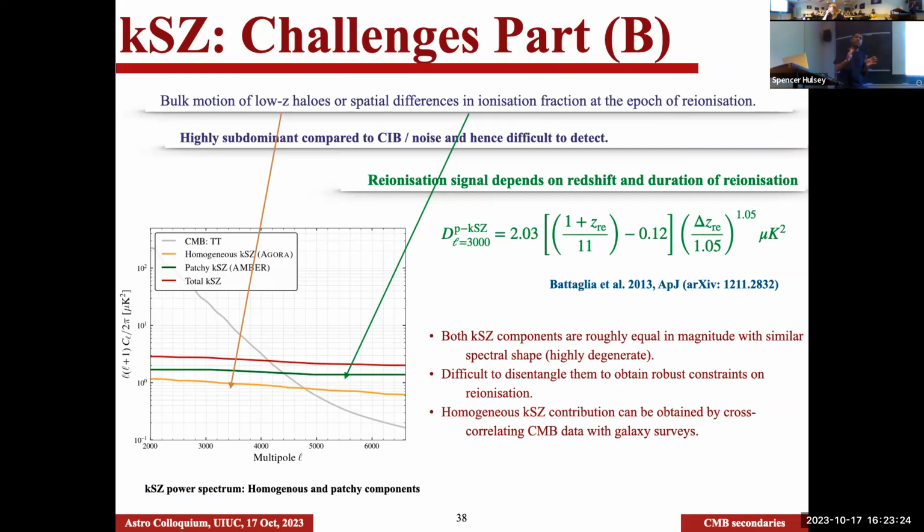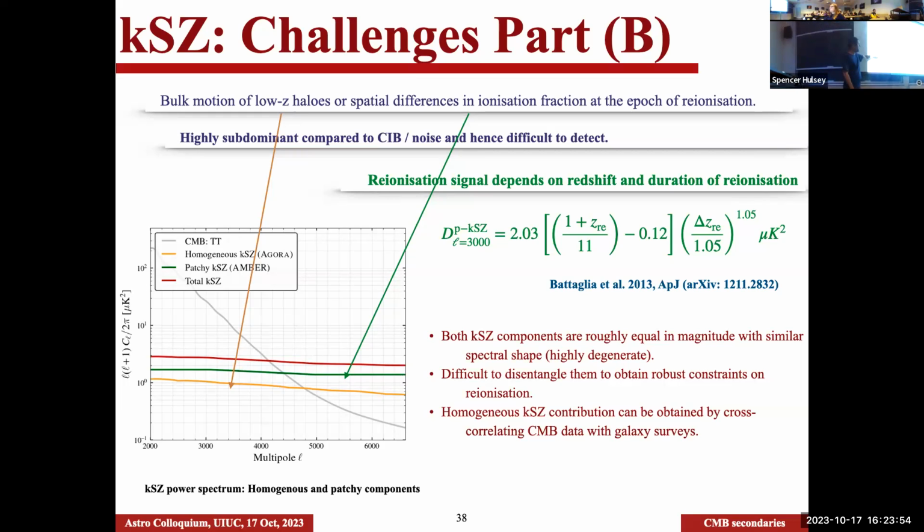So the first challenge was noise and foregrounds. The second challenge is that even if we detect the total kSZ power spectrum, this plot shows why it is hard to constrain reionization from it. The total signal is this red line. Green is the reionization kSZ, and the yellow line comes from halos moving in the local universe.